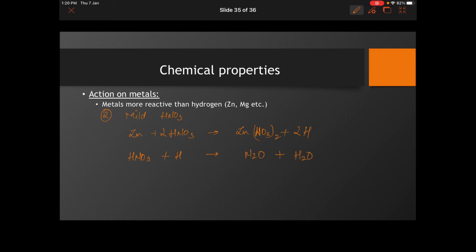Try and balance this equation quickly, and you will see that if you balance it first, twice, and over here you make it 5 times 2, and this will give you 8.